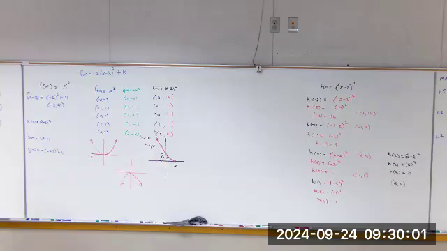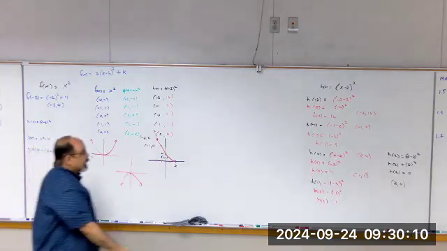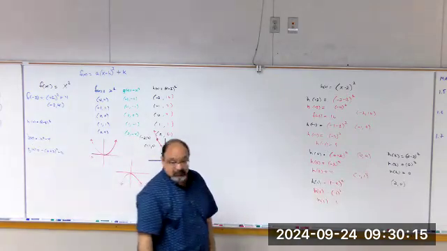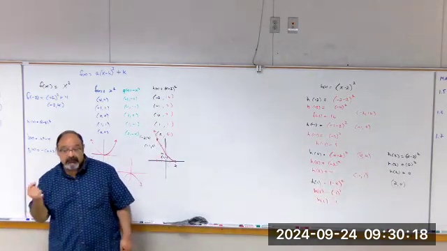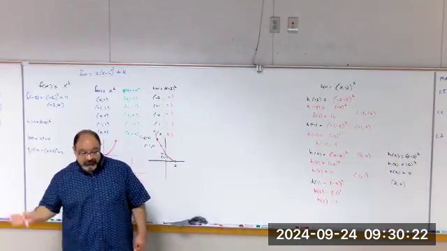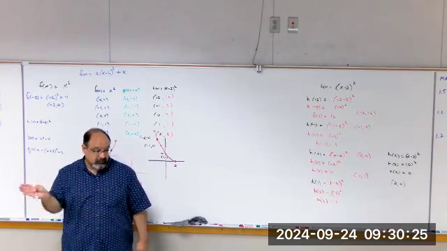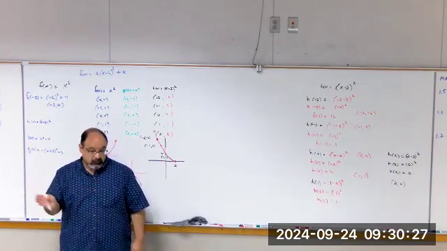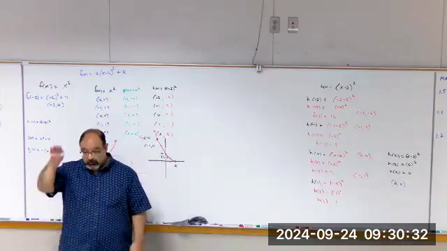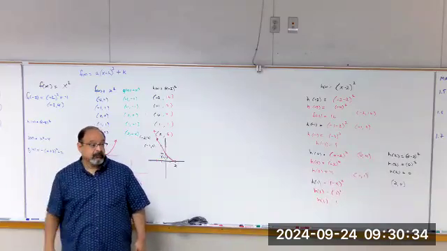So what happens is the graph is shifting. I'm changing the value of x before I square it, which means it's going to shift the graph left and right. You change the x's, you move the graph left and right. You change the y's, you slide the graph up and down.